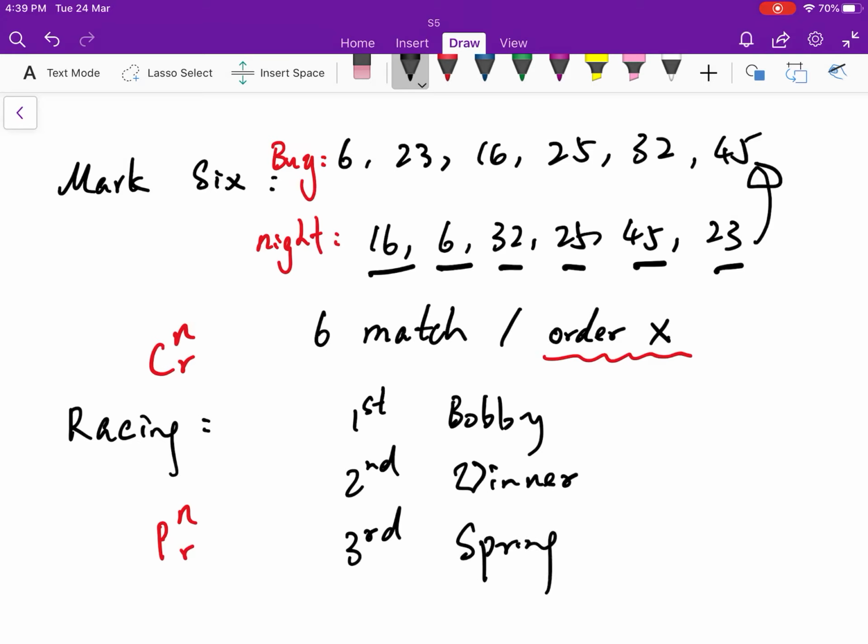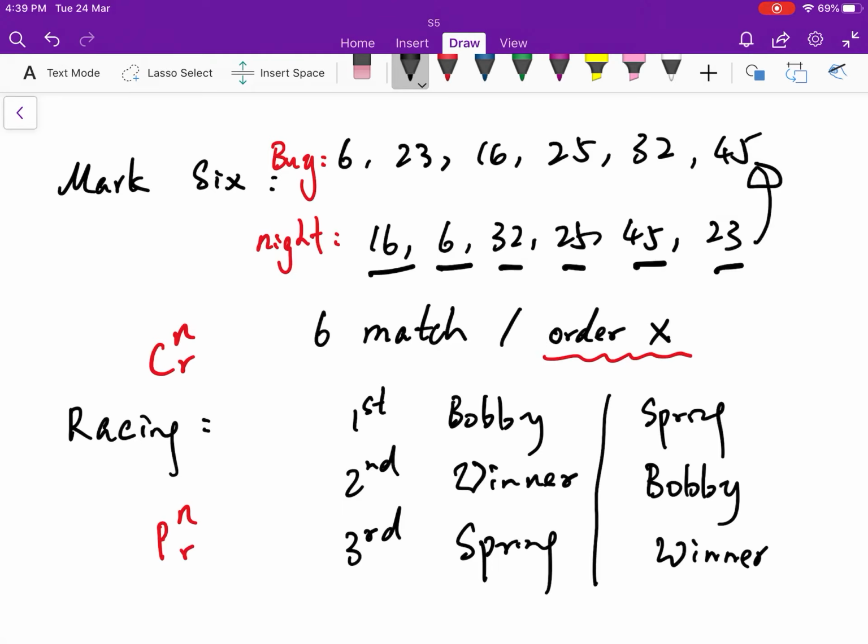So does the order matter, is it very important? Of course. Even though you know that Bobby, Winner, and Spring will win the top 3, if you arrange them in different positions, I'm sure the Jockey Club won't give you any money, because even though the same 3 horses win the top 3, the order is different.